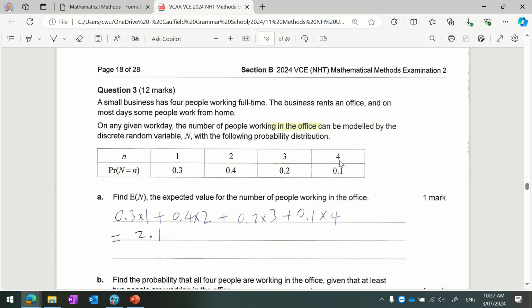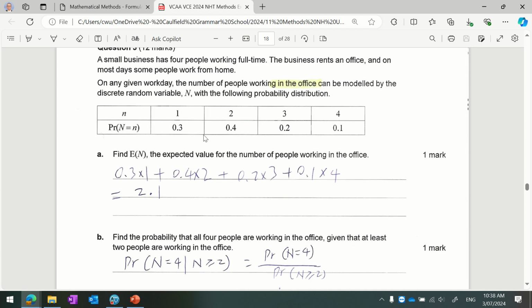Okay, next question. You have 4 people working at a company full-time. They have an office, and many people work from home in this company. So very nice of the boss. The amount of people working in the office is a random variable with such probability distribution. So, the expected value of the amount of people working in the office.